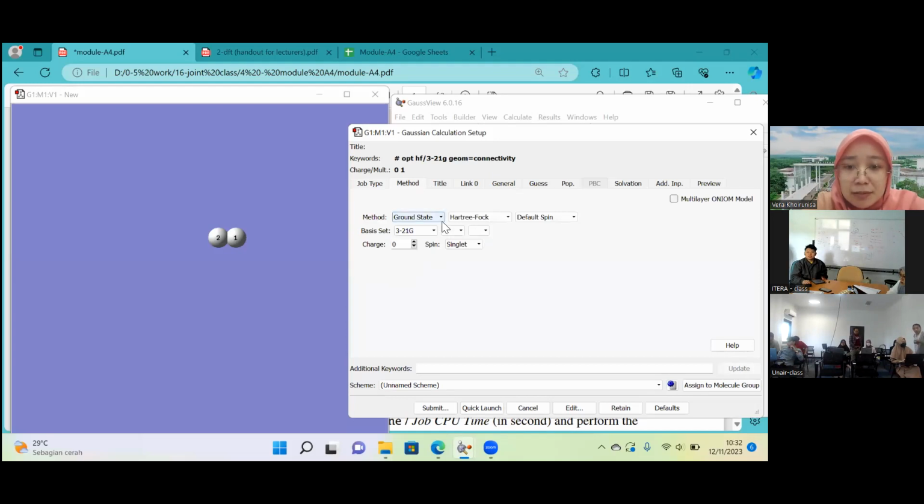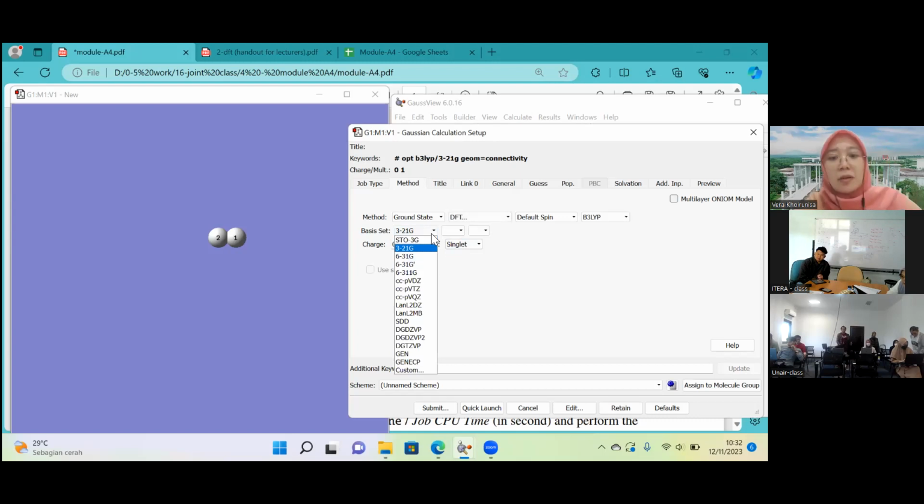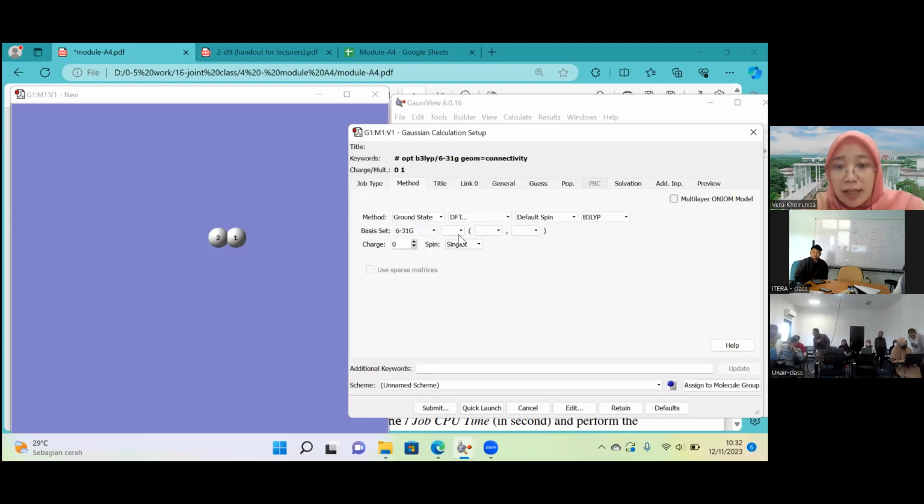And then for method, you can use Hartree-Fock or DFT. So I will choose DFT. And for basis set, we have 3 options. The first option is this one, and then this is the second option. And the third option will be 6-31G(d,p).